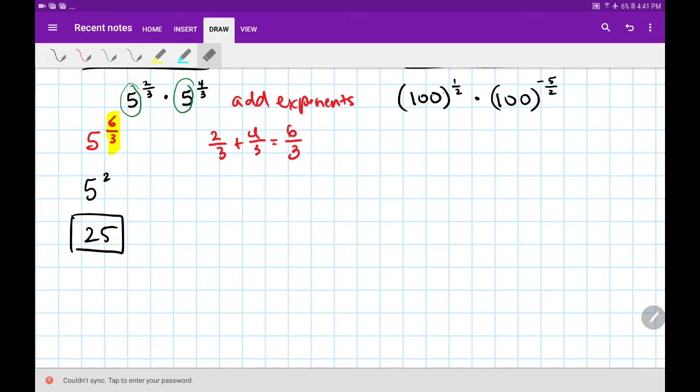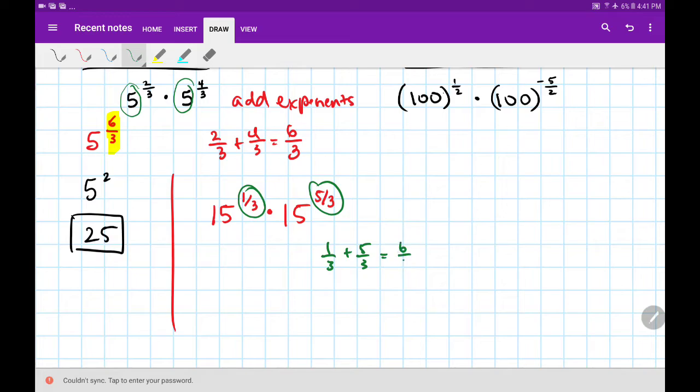So let's do another one, just a quick one on the side, just to make sure we're okay. If I have, let's say, 15 to the 1/3 times 15 to the 5/3, we're going to add the exponents. 1/3 plus 5/3 leaves me with 6/3.